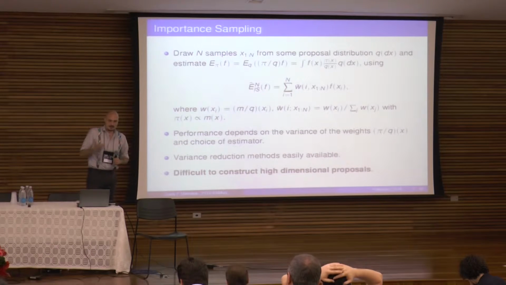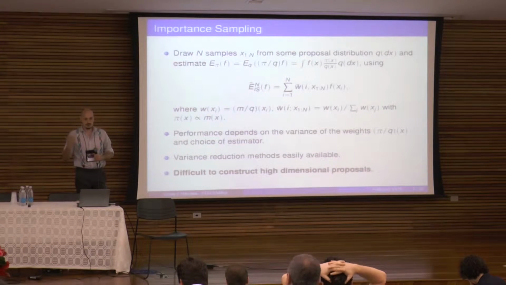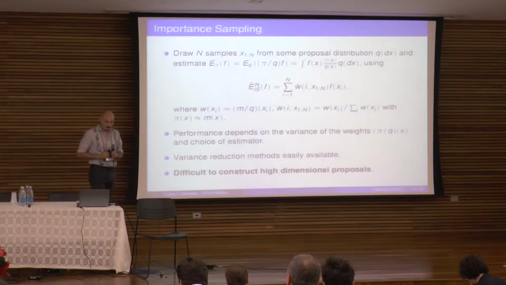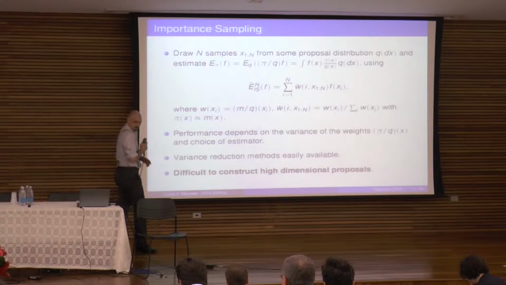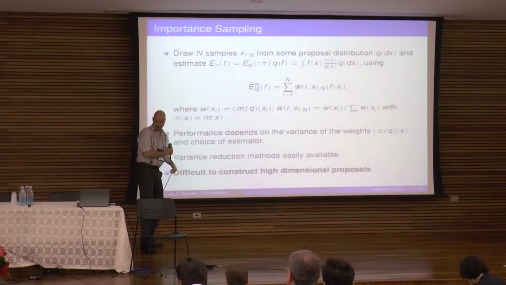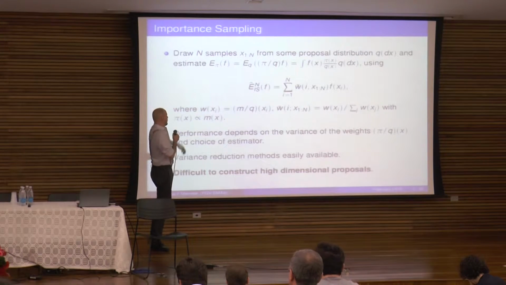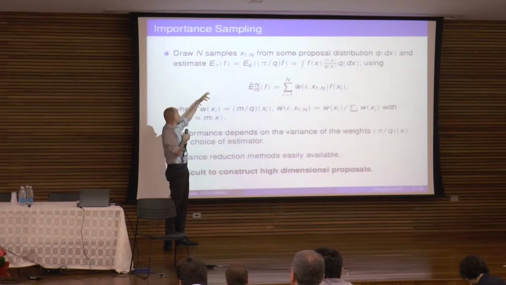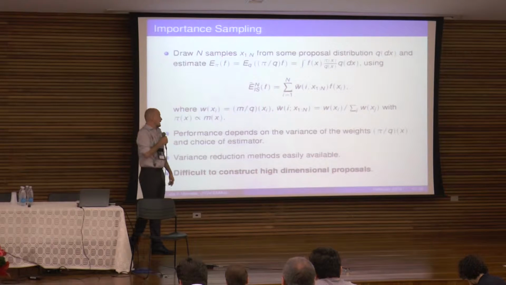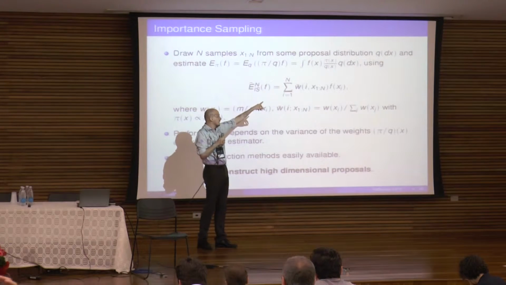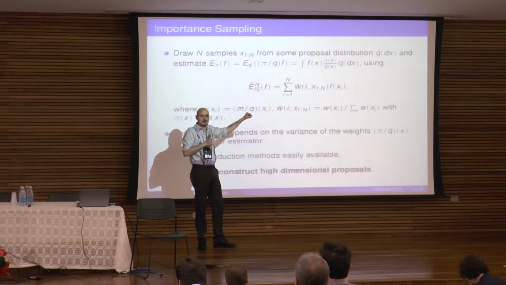So let's start. Importance sampling, for those of you who are not very familiar with this technique, is based on this simple observation. We have a target integral here, the expected value of f with respect to the distribution pi. And what we can do is just multiply and divide by q, and now we have another expected value.